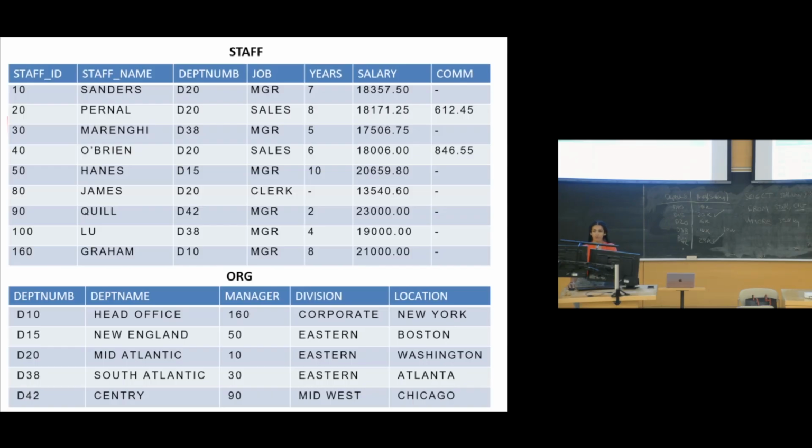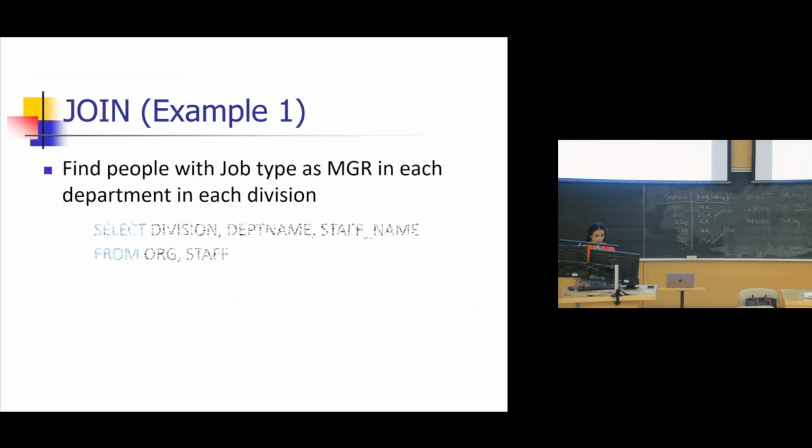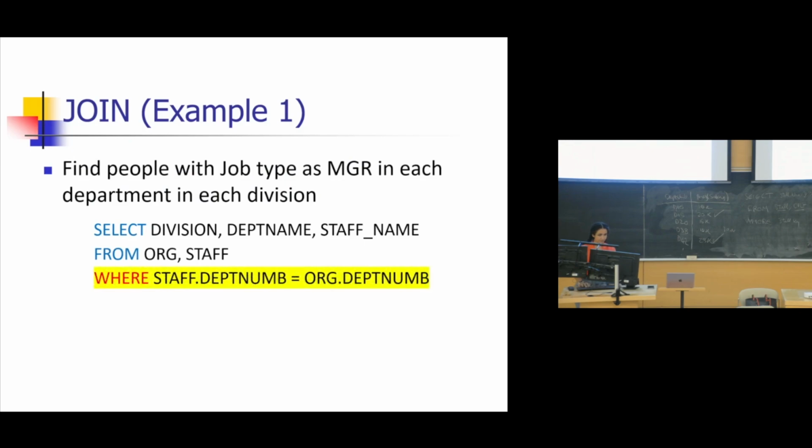Now out of these 5 managers, how many of them can you find here? So we have 160 here, we have 50, 10, 30, 90. I think in the tables that I created, there are 4, and that's why it shows 4. So I'm going to check that.